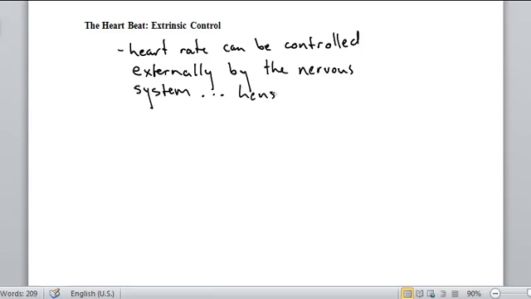Hence, extrinsic. Extrinsic because it's outside of the heart.